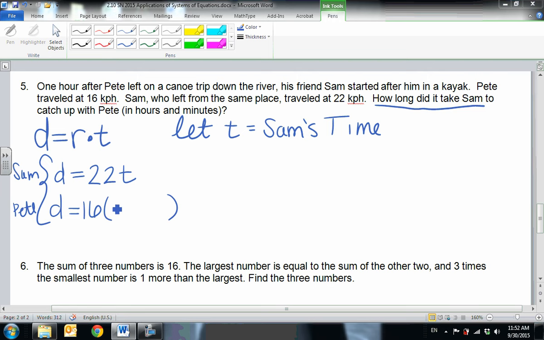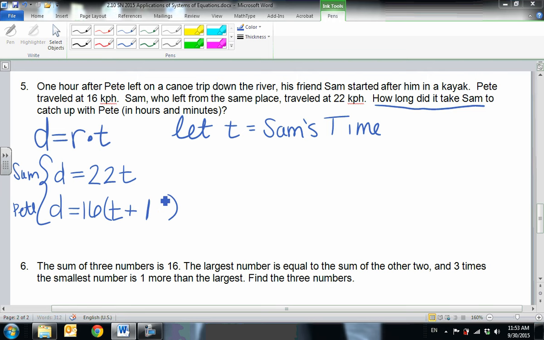Was Pete traveling for a longer amount of time or a shorter amount of time than Sam? Longer, because Sam left an hour later. So Pete was traveling for an extra hour. So I'm going to do plus. How much longer was he traveling? 1 hour. Now, what is it important to double check here before I write that in?